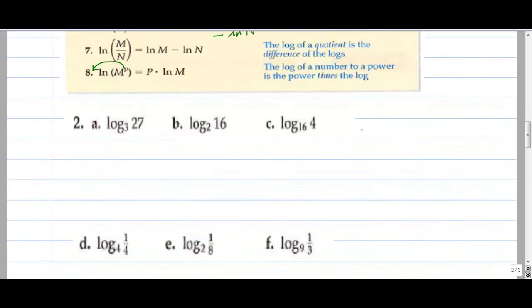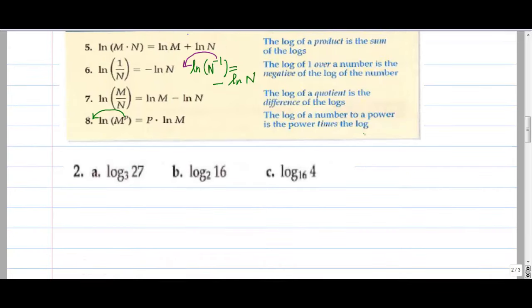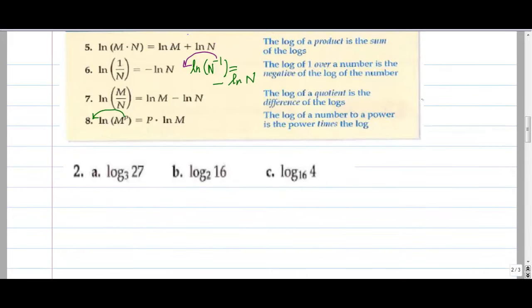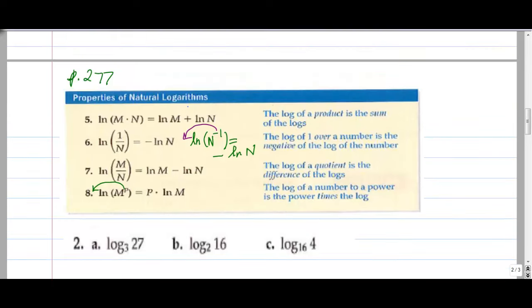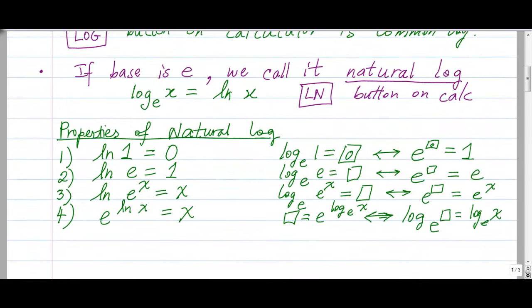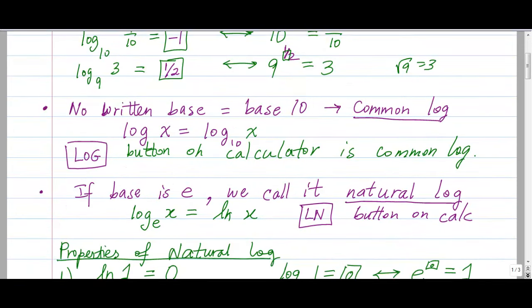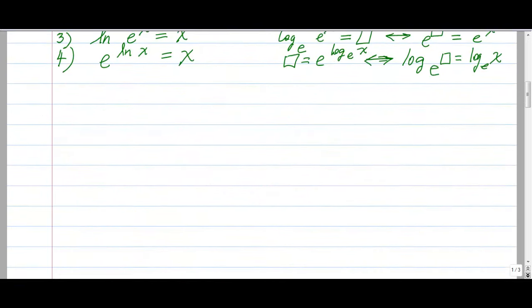Let's do some examples using these properties. So first let's solve some of these. Log base 3 of 27. That's what we did above, right? Rewrite logs as exponents.